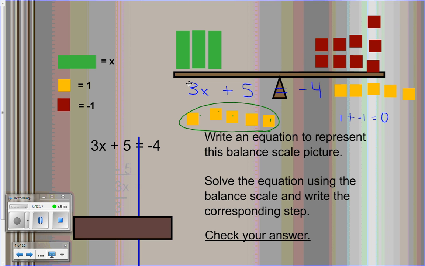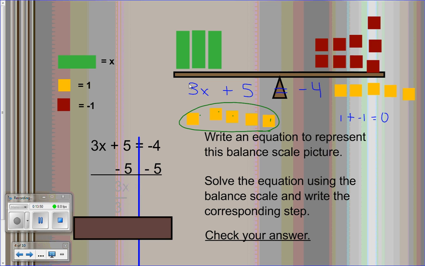on this side of the equation. And it looks like I have 9 left. So I took off the 5 from the left side, and I am taking off 5 from the right side. And when I do the math, 5 minus 5 is 0, and I have 3x left on the left side.